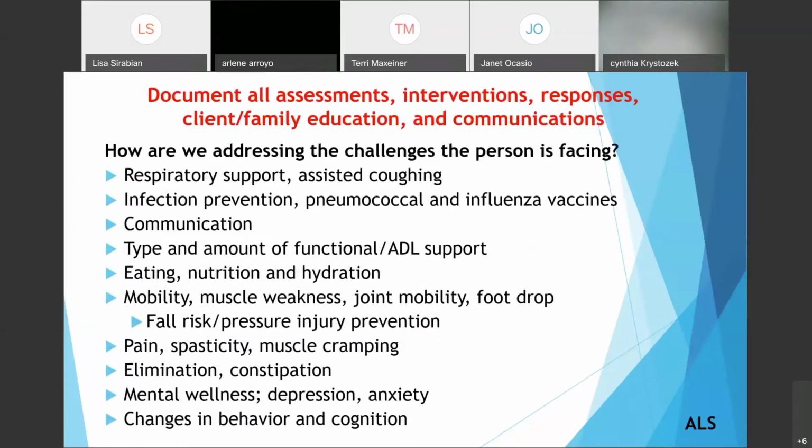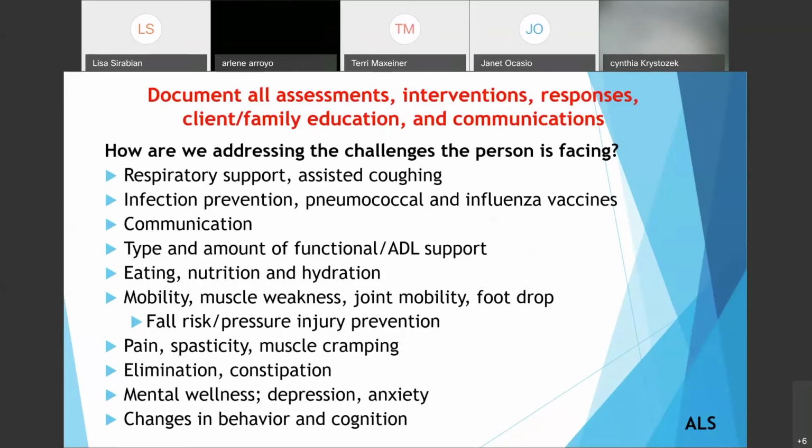Okay, so how are we addressing the challenges that this person is facing? Respiratory support is on the top of this particular list, so assisted coughing and support. Infection prevention, the pneumococcal and influenza vaccines will be offered, of course. Communication, and OT can help us get started with communication strategies.